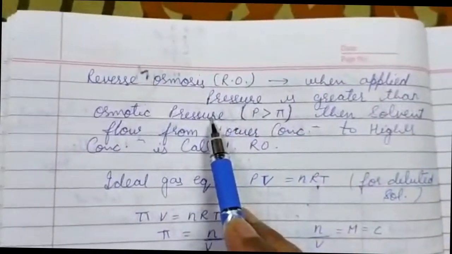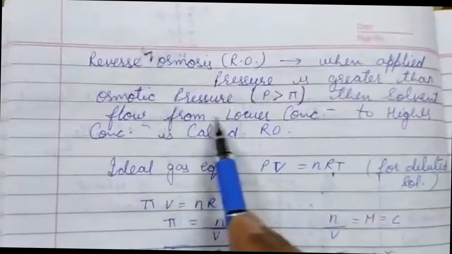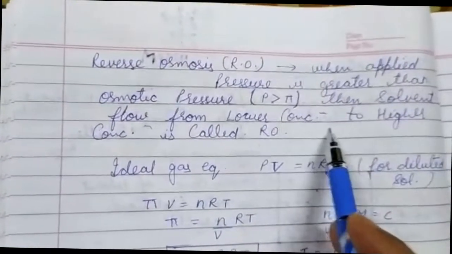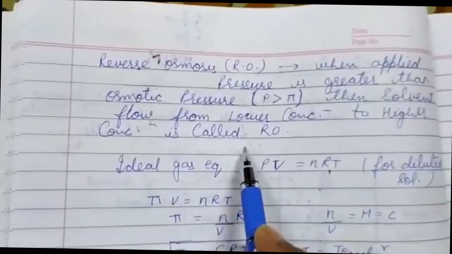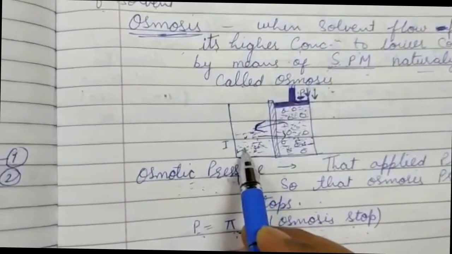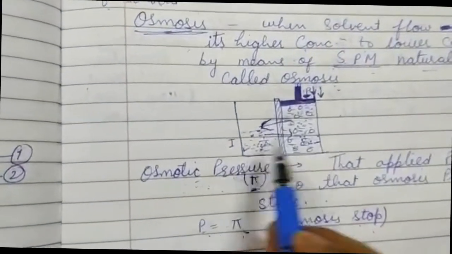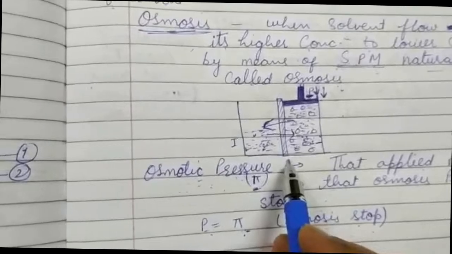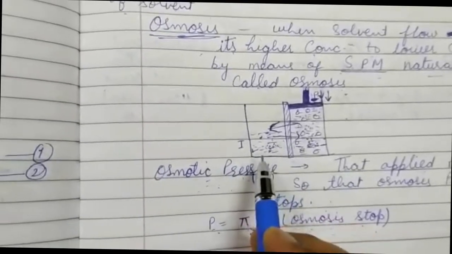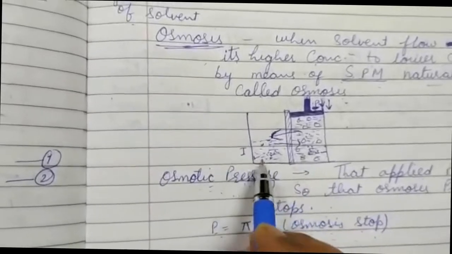So, what is reverse osmosis? When the applied pressure is greater than the osmotic pressure, the solvent flows from the lower concentration to the higher concentration. In osmosis, the water was flowing from the first part to the second part, from purity to impurity. But in reverse osmosis, the water is flowing from impurity to purity, second to first.